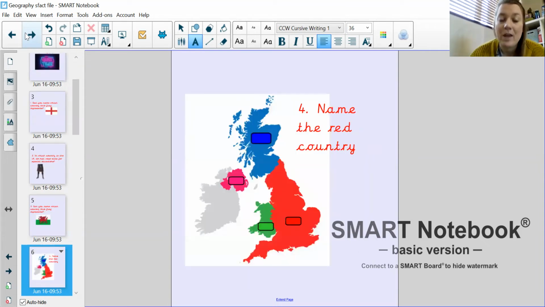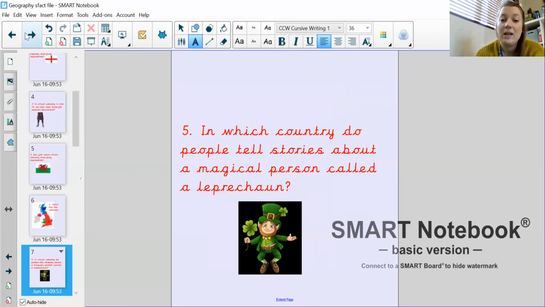Question 4. Can you name the red country on the map? Question 5. In which country in the UK do people tell stories about a magical person called a leprechaun?